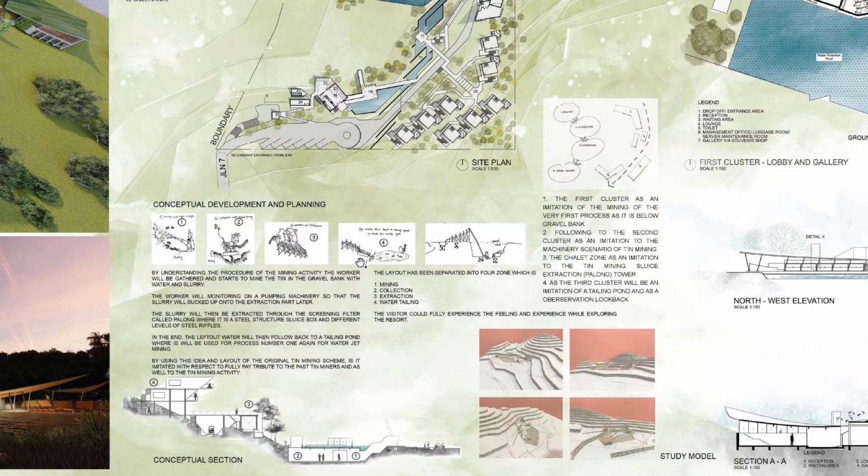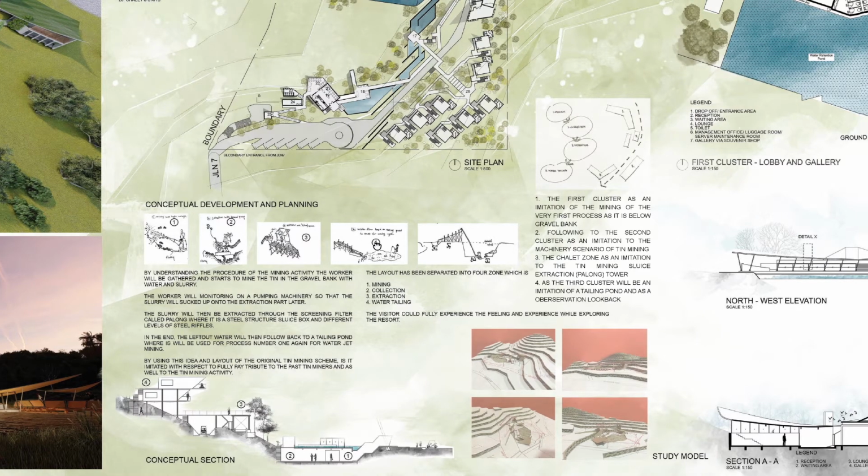The fourth process is the end, where the leftover water flows back to a tailing pond, where it is used for the first process again for water jet mining. It is a closed circuit process, linking the fourth process back to the first.